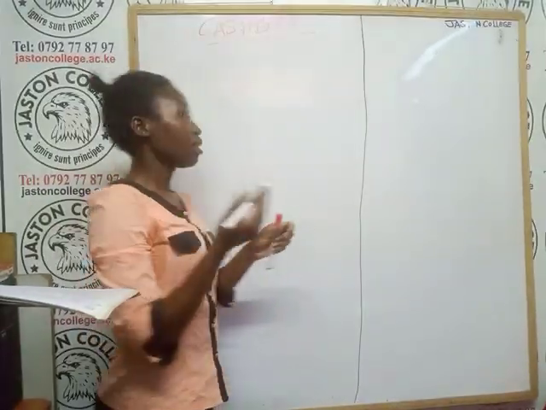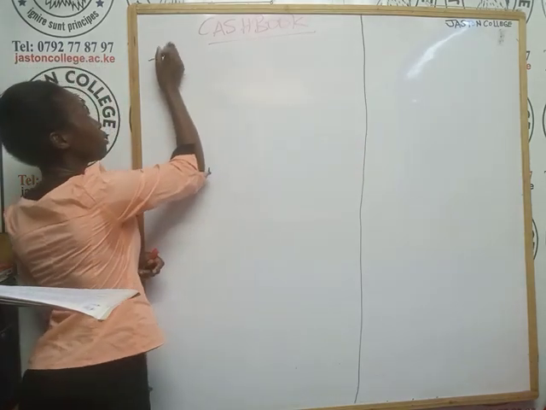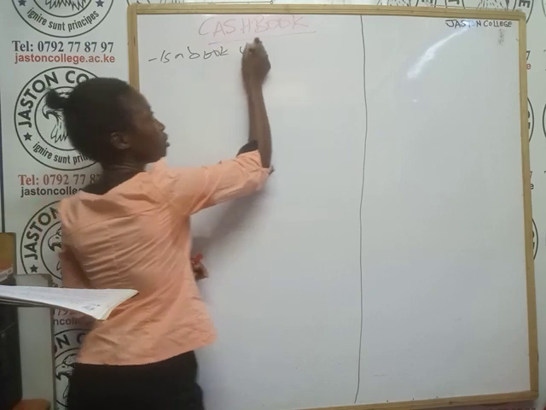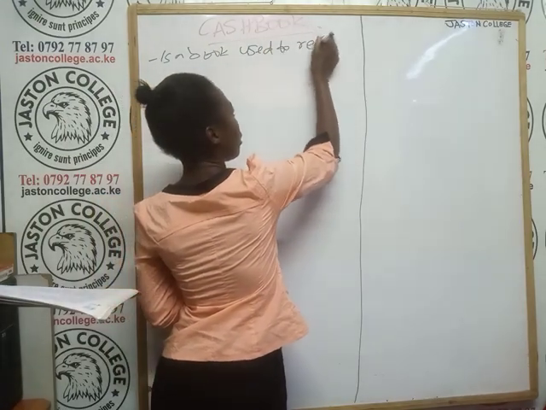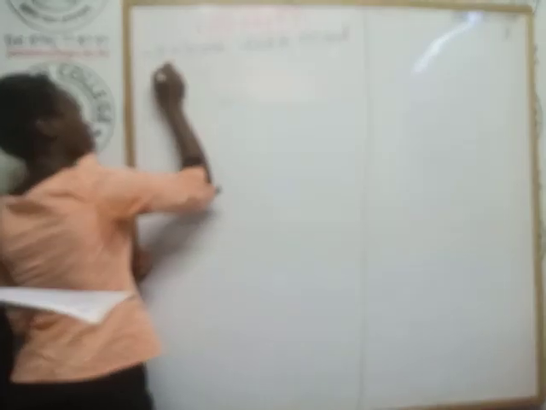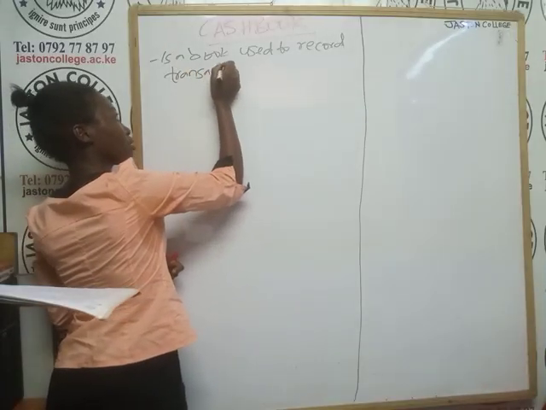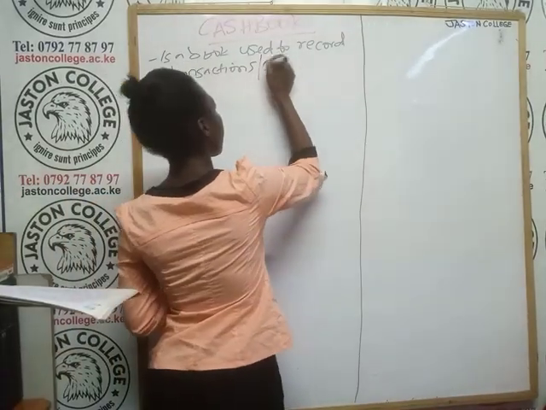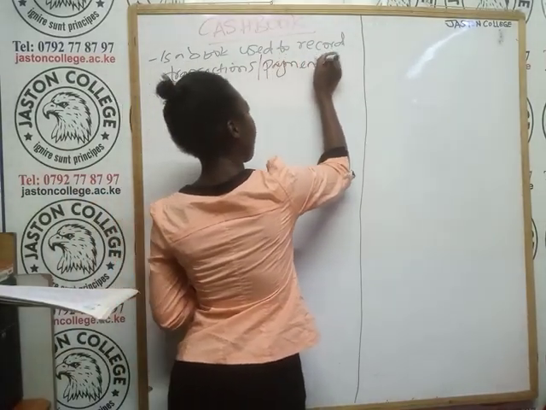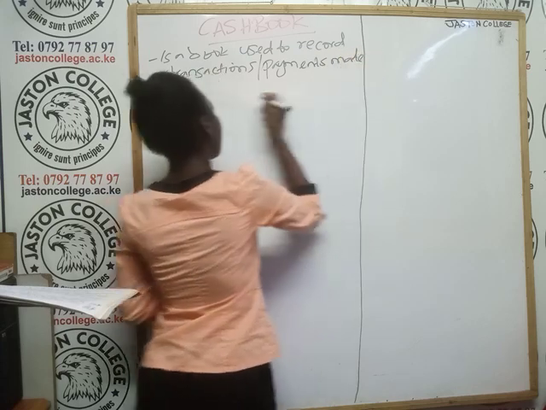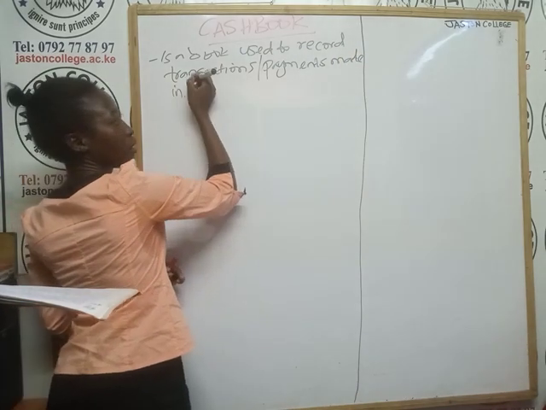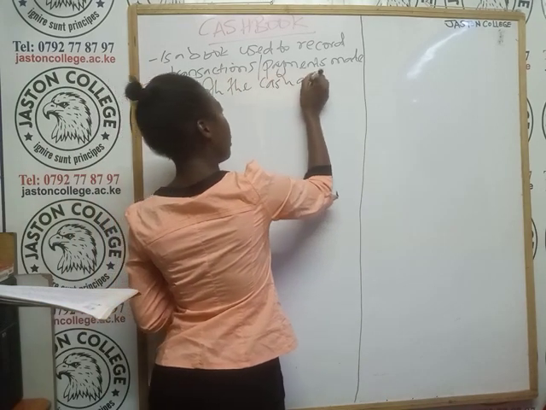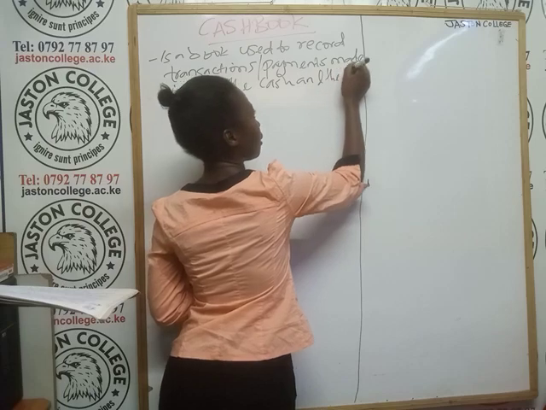And so our cash book is a book used to record transactions or payments made in both the cash and the bank.